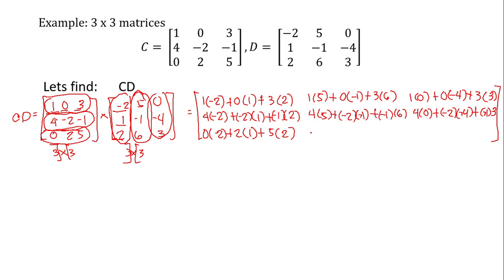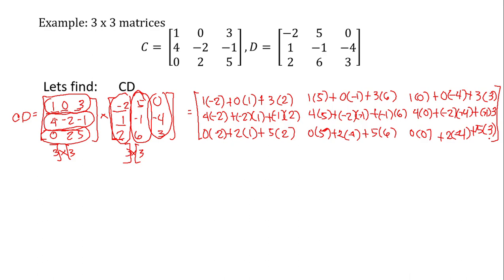So, we have 0 times 5 plus 2 times negative 1 plus 5 times 6. Okay? Next, third row, third column. So, we have 0 times 0 plus 2 times negative 4 plus 5 times 3. Okay, so ayan, natapos na natin.